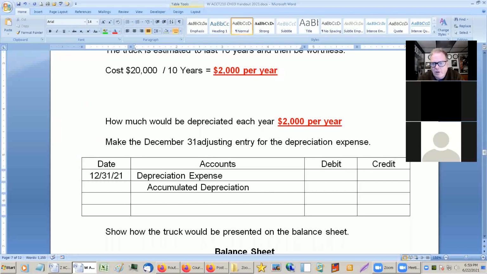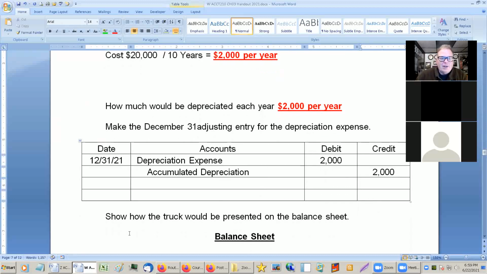And for depreciation, it's always the same. Depreciation expense, accumulated depreciation. So this would be 2,000 every year for the next 10 years.